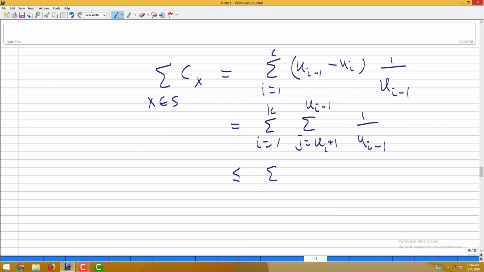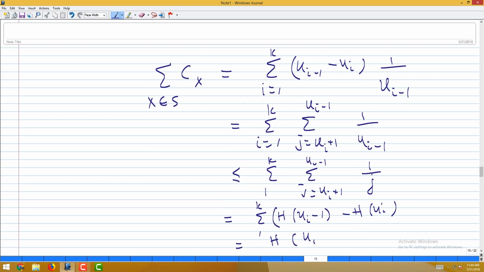This is less than or equal to sum from 1 to k of one by j, and this is equal to, because u_k is 0.